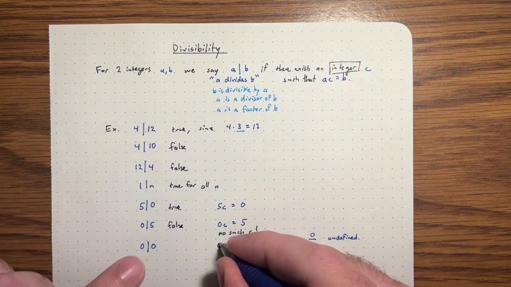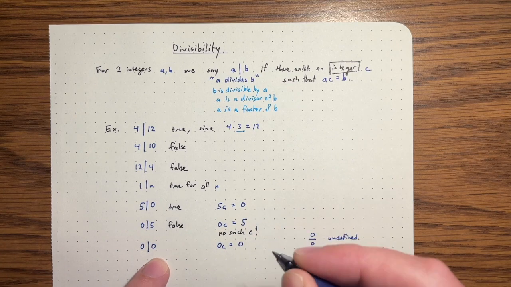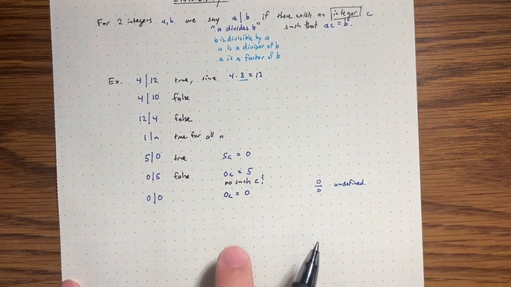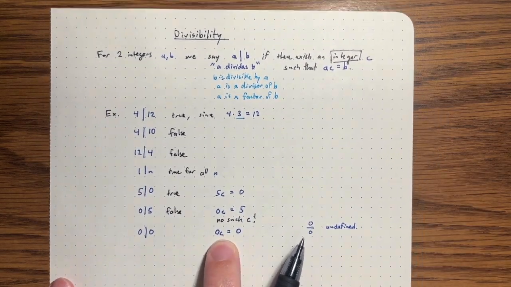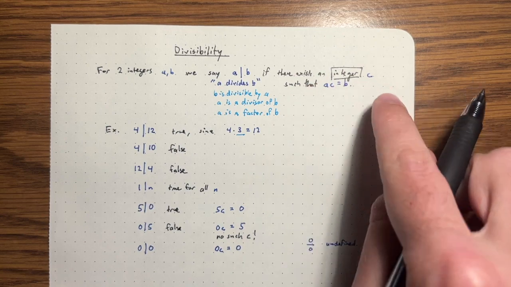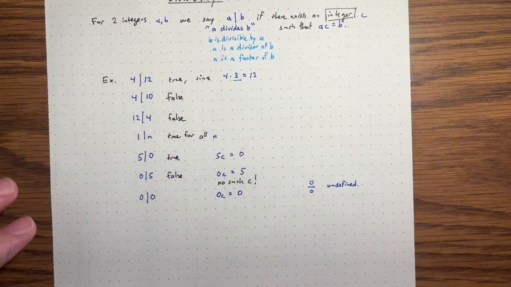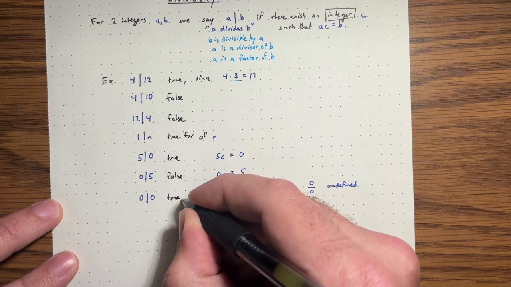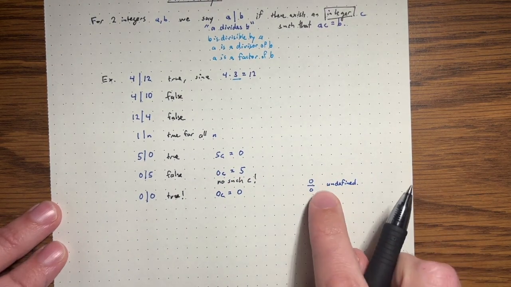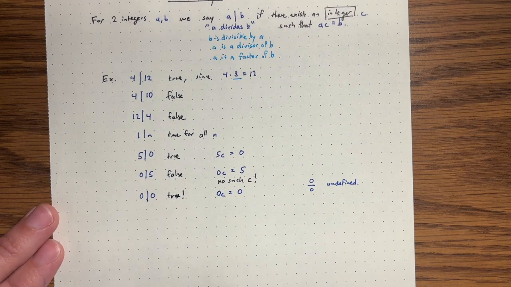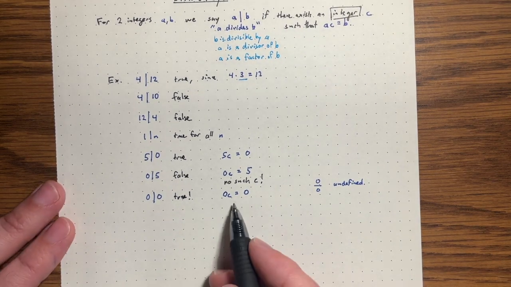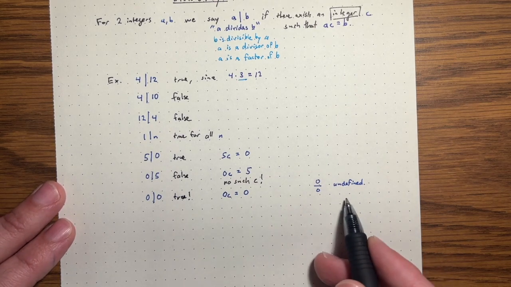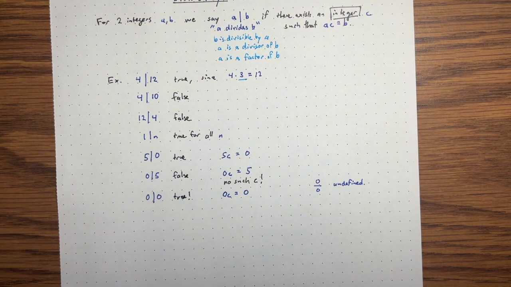Is there a c such that 0 times c equals this 0 over here? Yes, there is such a c. In fact, there are many, right? C could be anything. But there definitely does exist an integer c. So this statement is true. 0 does divide 0, even though 0/0 is undefined. There are actually infinitely many values that this could take on.